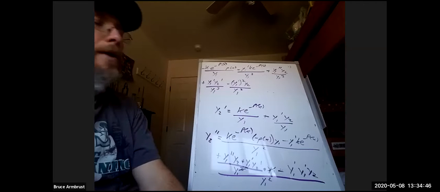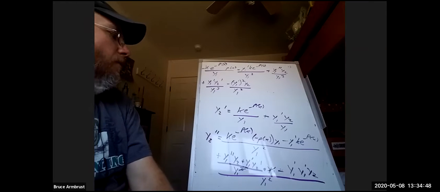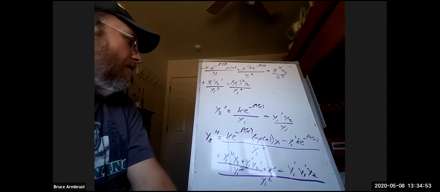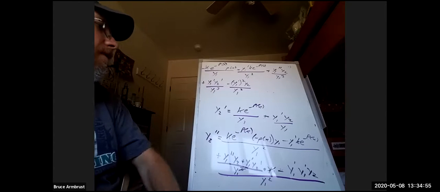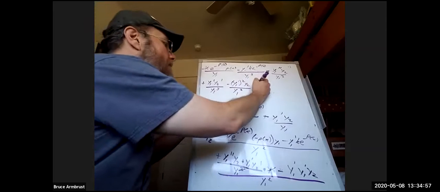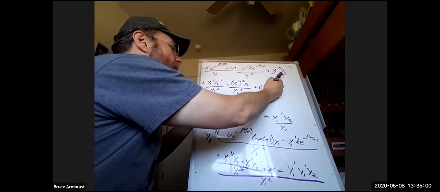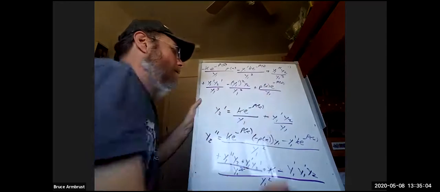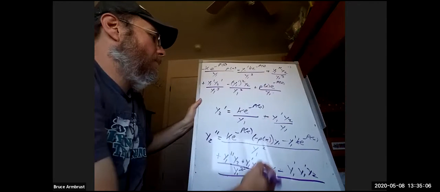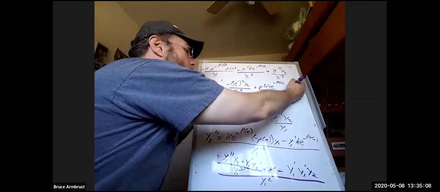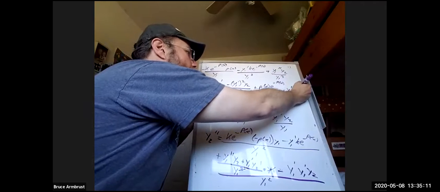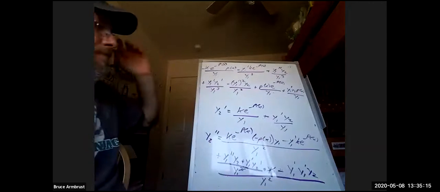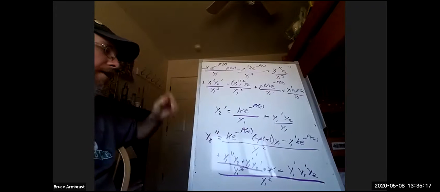All right, so there's our y1 prime. So then when we go to the y2 prime, we need p of x times y2 prime. So that's going to give us plus p of x e to the minus P of x over y1, plus y1 prime y2 p of x over y1. So that was the y2 prime.